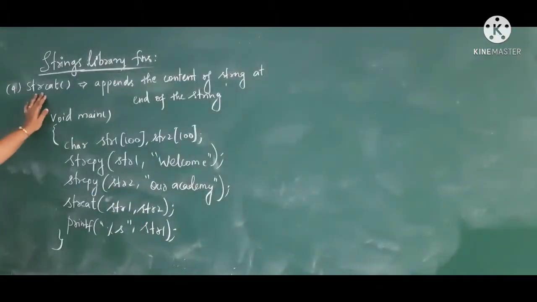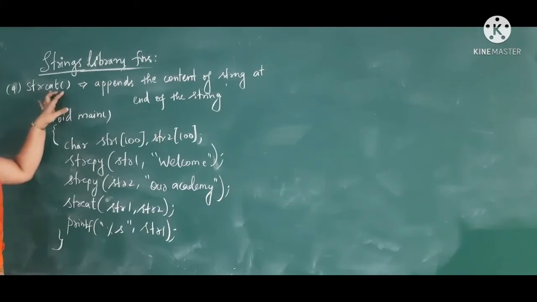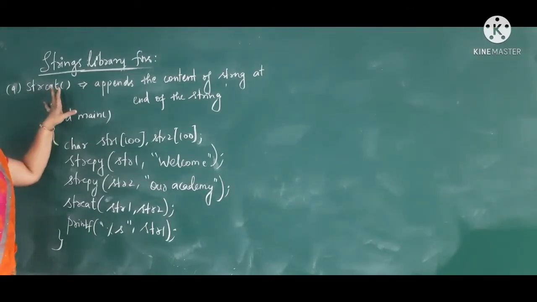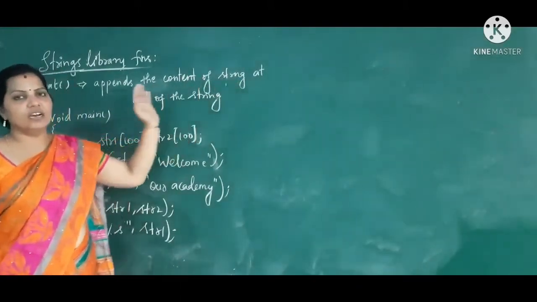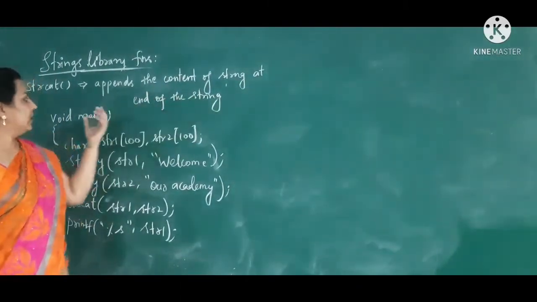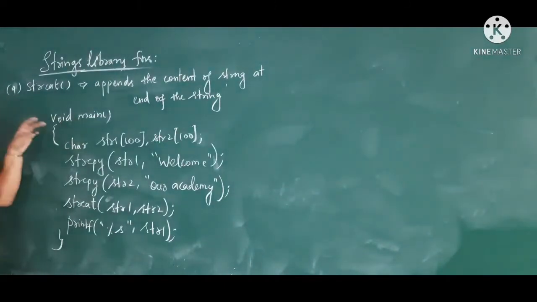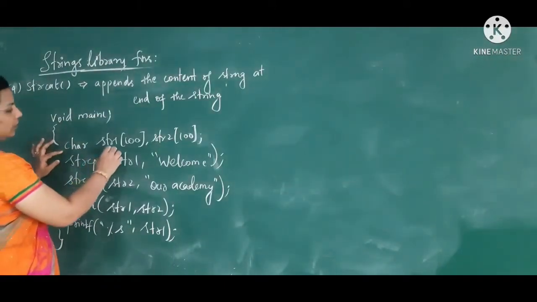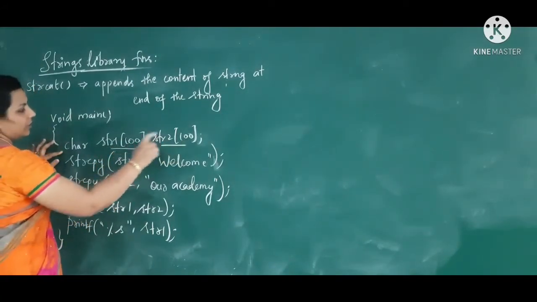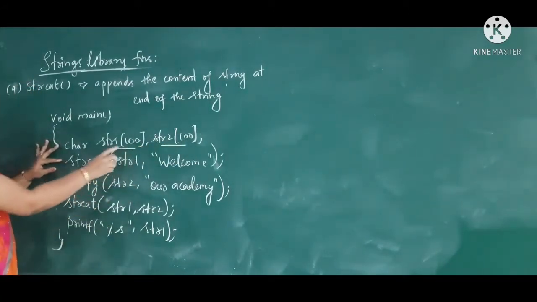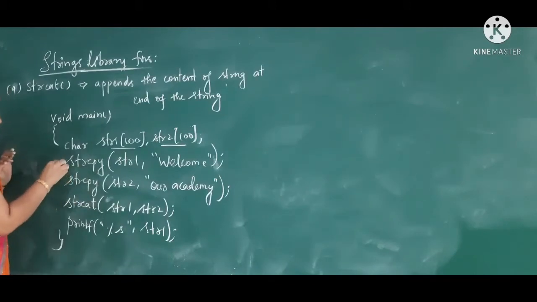Now let us consider the next function, that is string concatenate. String concatenate simply means concatenation, right? It appends the content of a string at the end of another string, right? So consider an example. In the void main function I am declaring two strings with an array size of 100, the length of the character array is 100, and I am giving content.